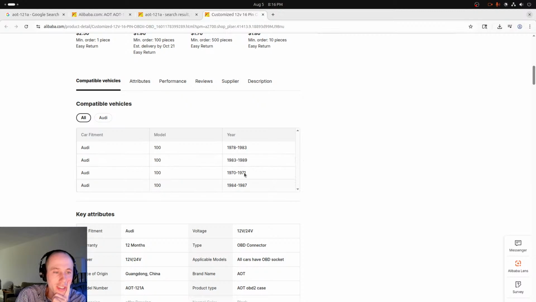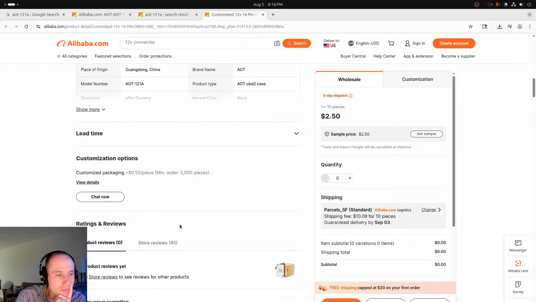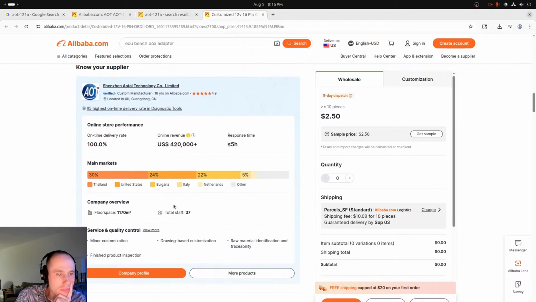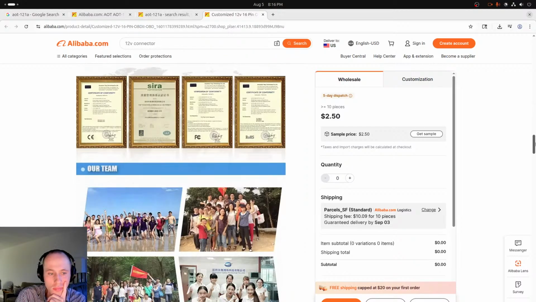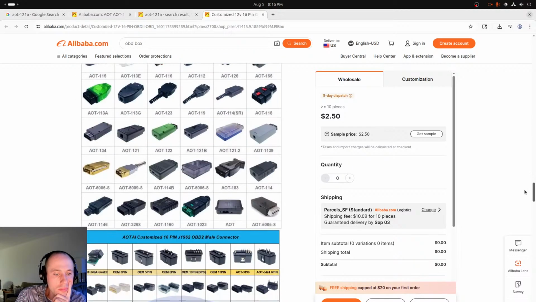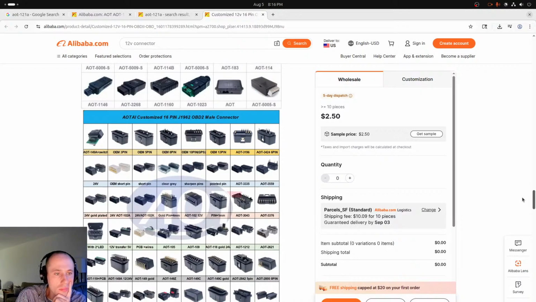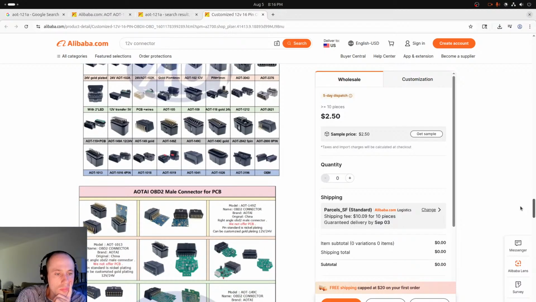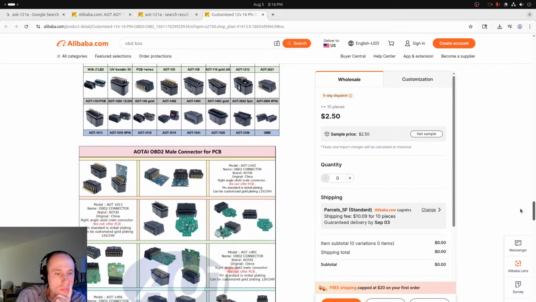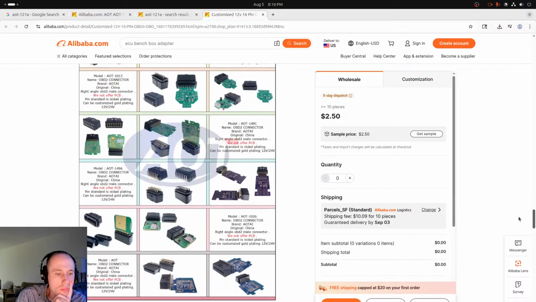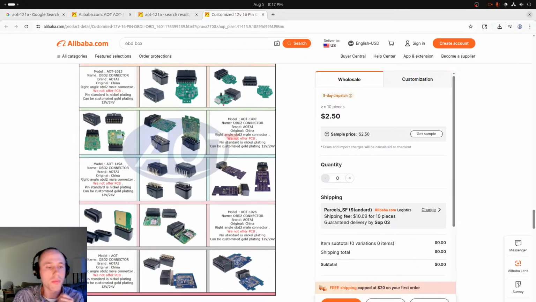Don't tell me they listed every single car here. Oh, it'd be like this.